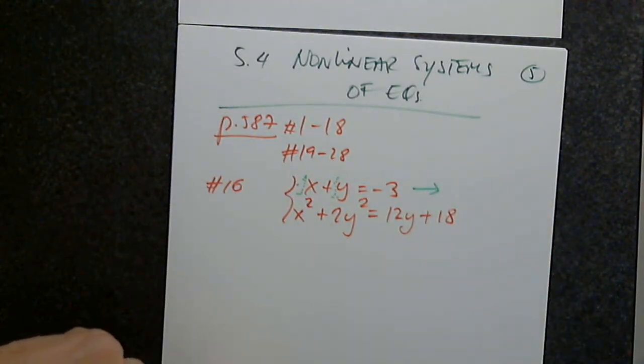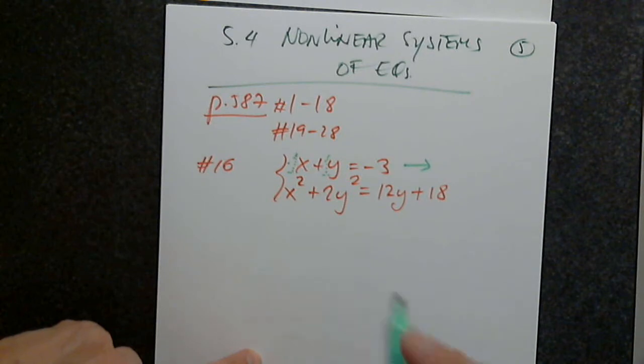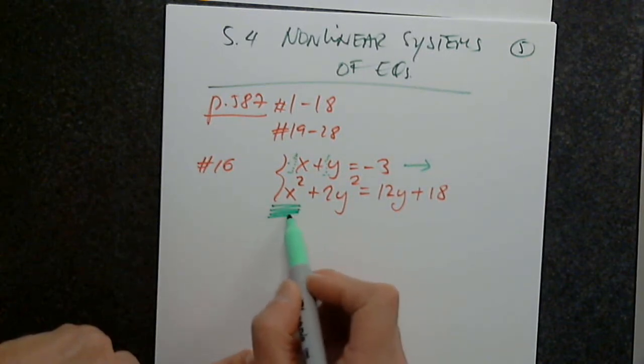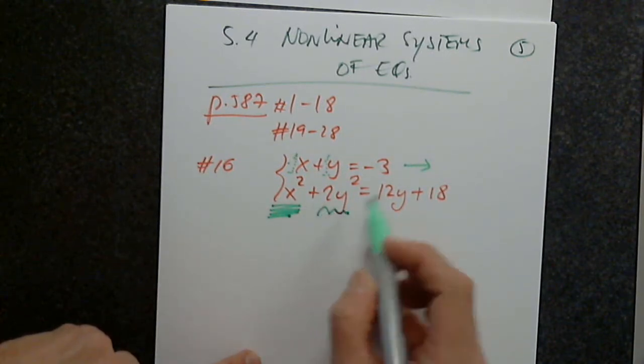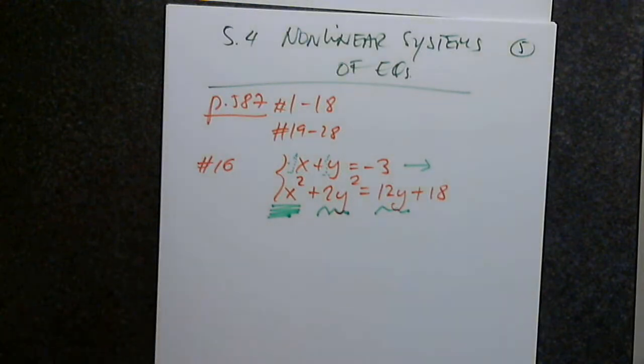Now, one more time before you say anything, give me one more second. Notice that there is only one x, but there is a y squared and there is a y. Which will be the easiest thing to do? To solve the first equation for x and plug it in the second one, or solve the first equation for y and plug in the second one in 2 spots.